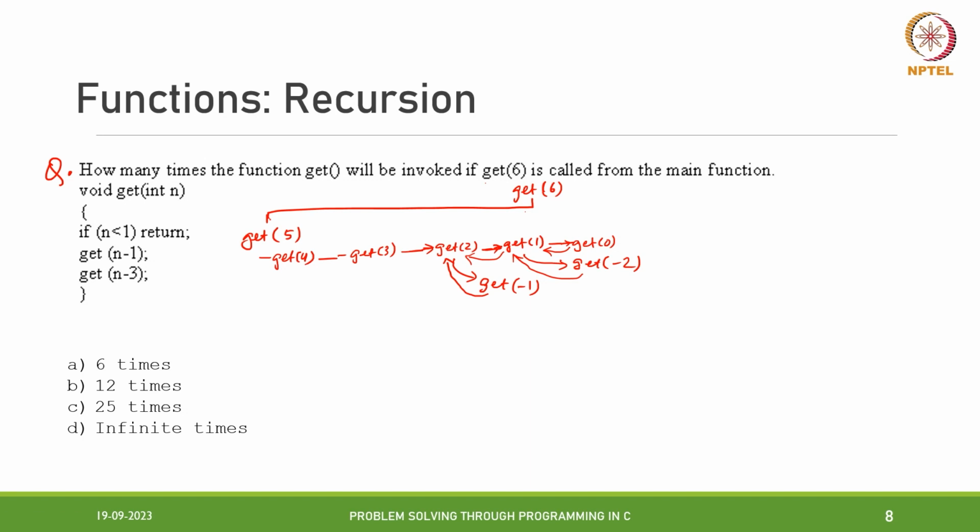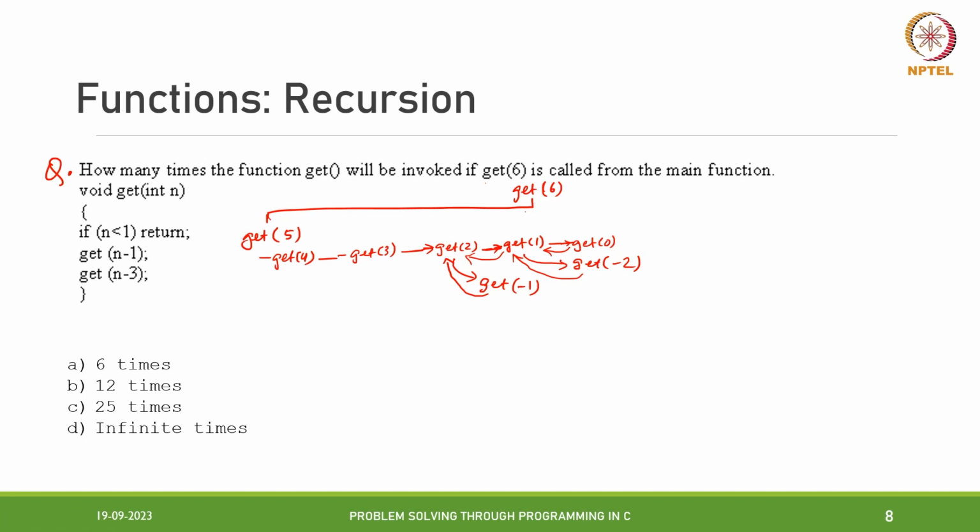So get of 1 returned the control back to get of 2. Then I called get of n minus 3, which was get of minus 1. Again that function call got over, and the control came back to get of 2. So now get of 2 is done, no further statements to do in get of 2.